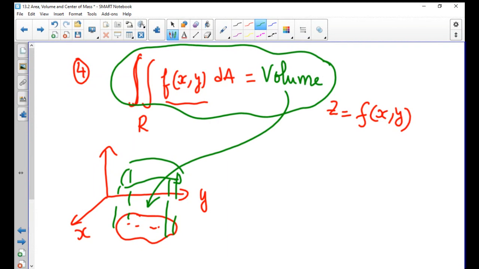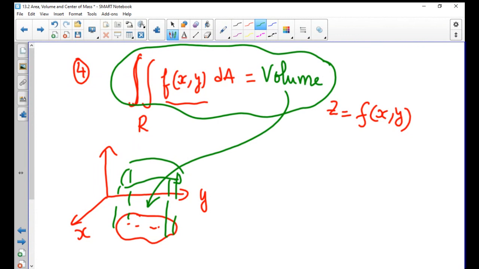So a double integral of a function f represents a volume. We will see this in a moment. In fact, it's part of the second section. Okay, so that is some general ideas that we discussed last time.